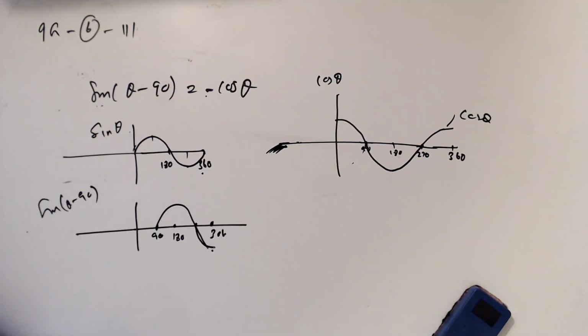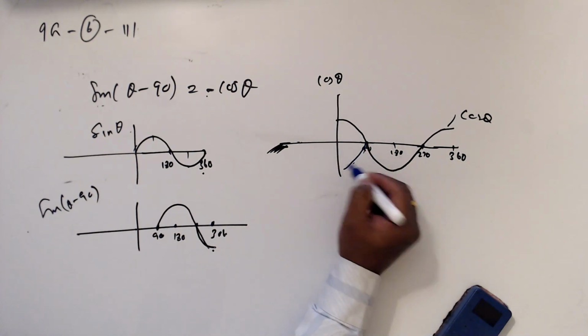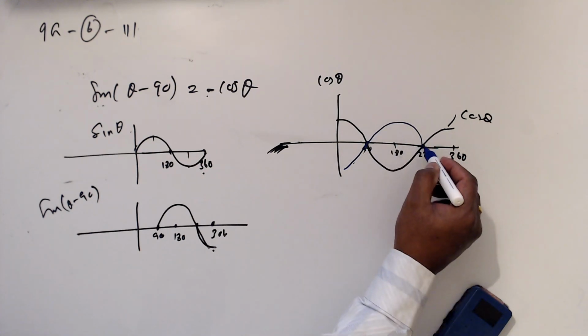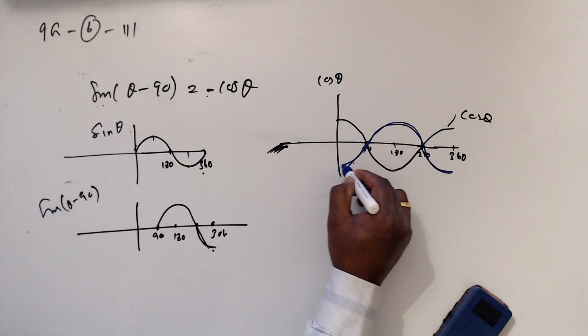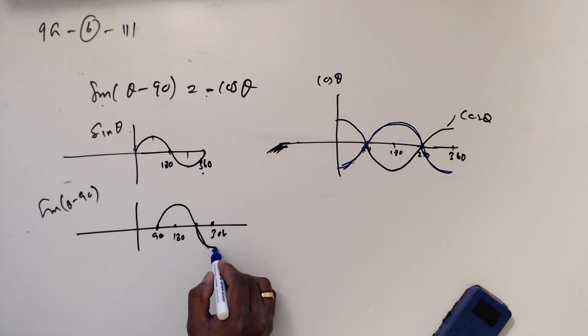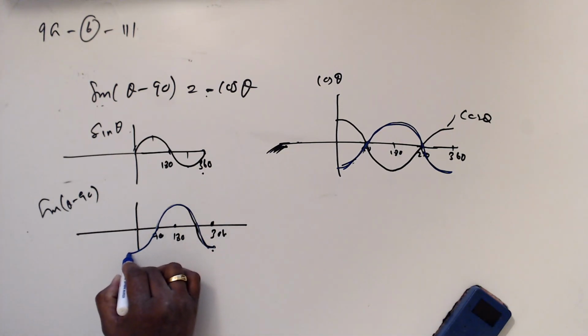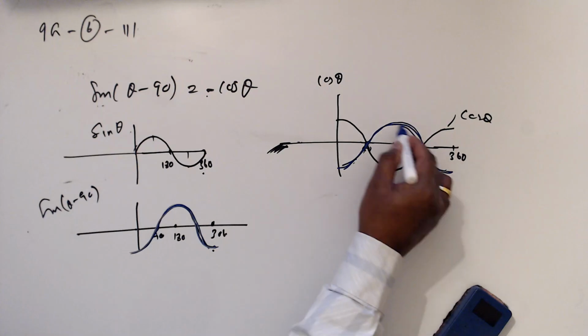Then what will happen? This part becomes like this. This part becomes like this. And this part becomes like this. So this is the curve. You can see it is going to be the same curve.